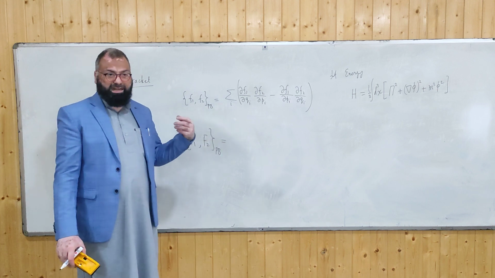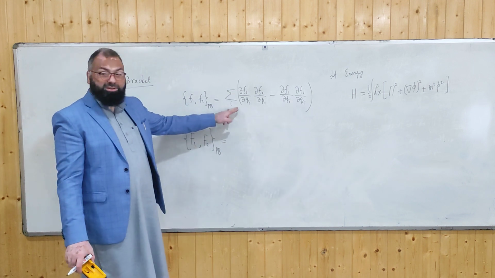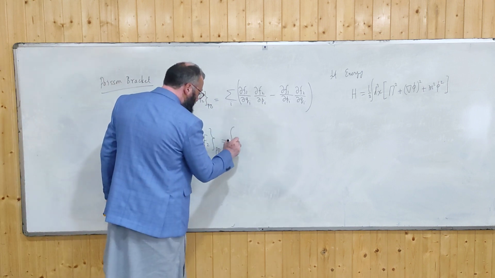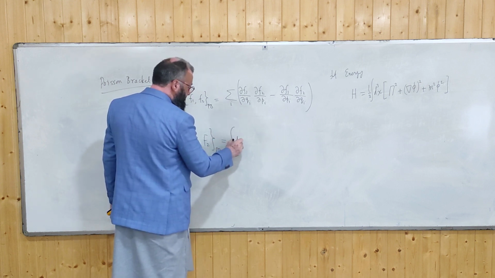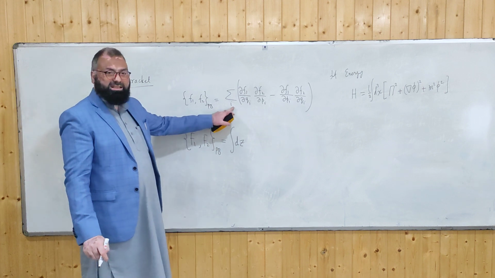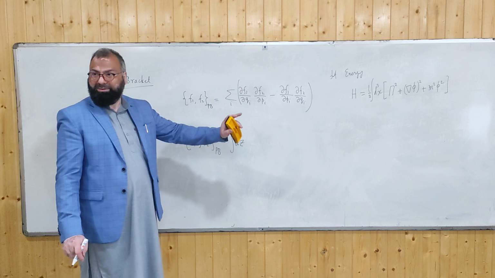Now if I go to the continuum limit, this summation will go to an integration. So let's put it as an integration, and call that variable z, dz. So this i goes to a variable z. It is an integrating dummy variable.